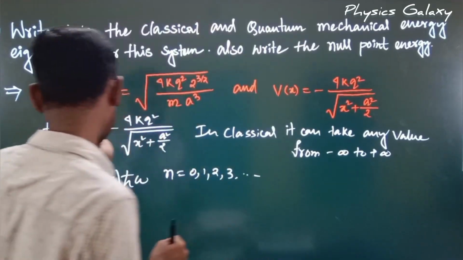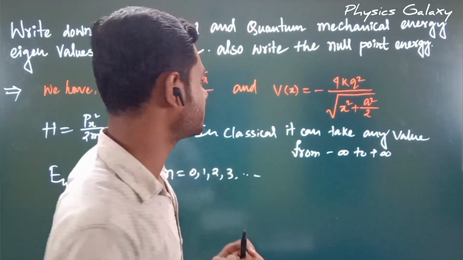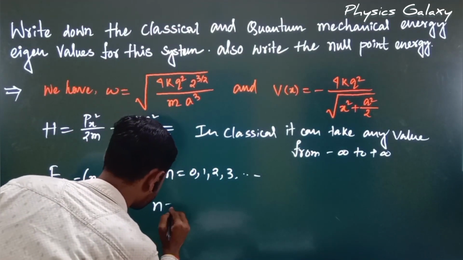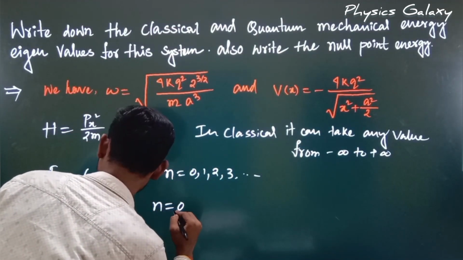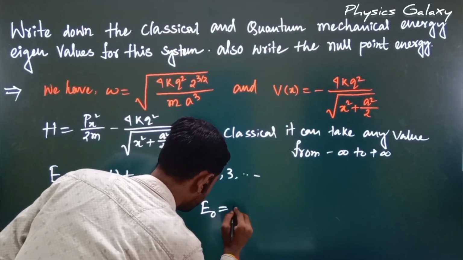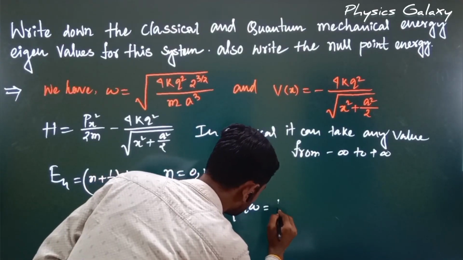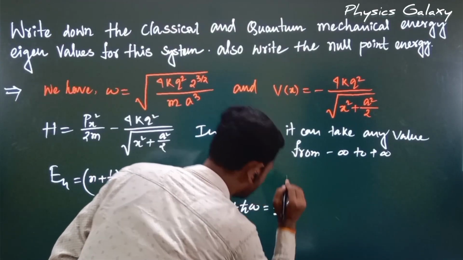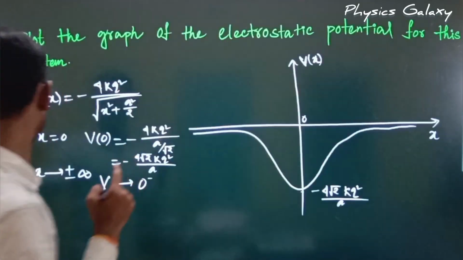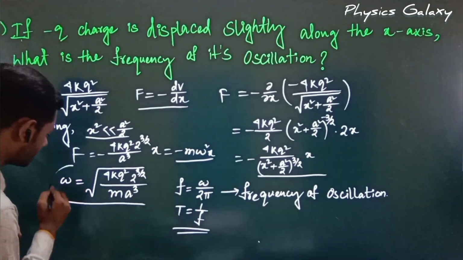The null point energy is the lowest energy, for n is equal to 0. For n is equal to 0, E0 is equal to half h cut omega, and we have the omega from this. We have also calculated this.